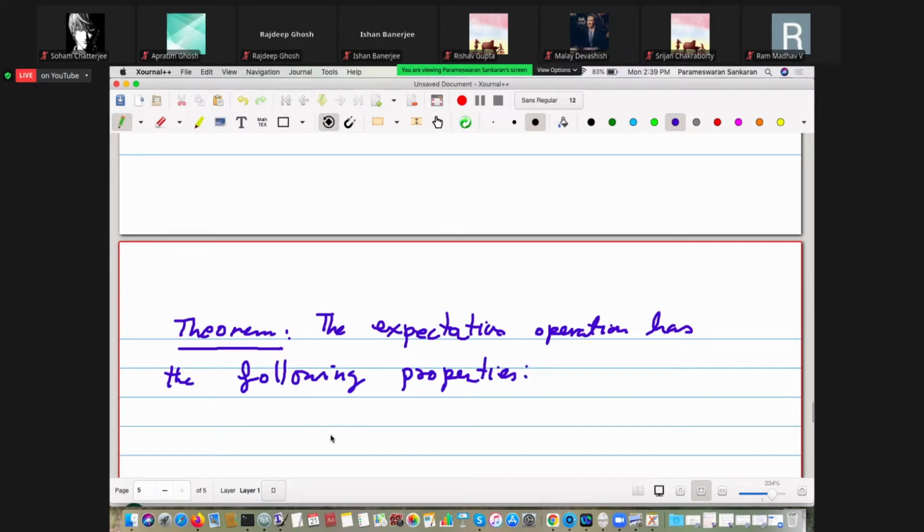Some properties are listed here. E of x is greater than or equal to 0 if x is bigger than or equal to 0. So what does this mean? Mind you that x is a function from omega to real numbers. So x of omega is always bigger than or equal to 0. That's what it means to say x bigger than or equal to 0.